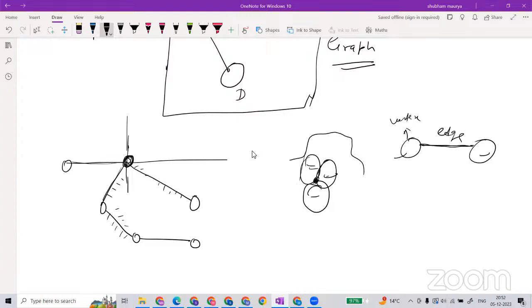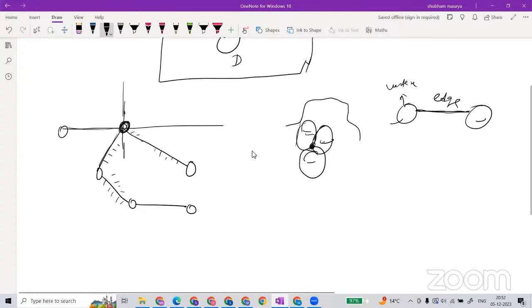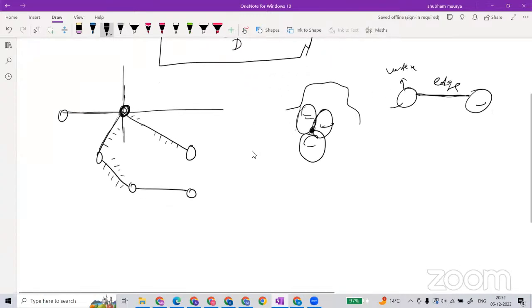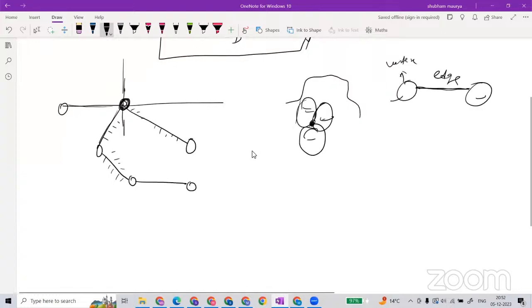Then we can think about how many colors suffice to color the whole graph with different colors. The constraint is that we cannot color two states with the same color if they share a boundary. So we can change a real life problem into a graph theory problem.